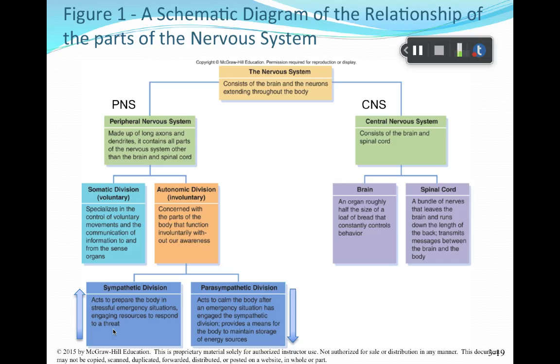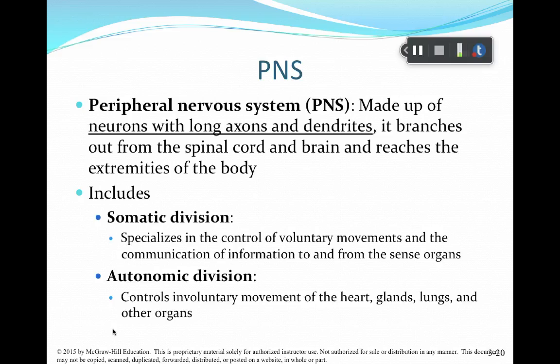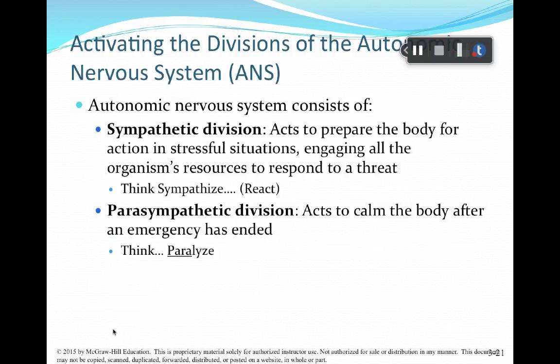You're going to flight, right? Whereas the parasympathetic nervous system is then going to come in and calm the body down. It's going to help you breathe. It's going to control your heartbeat, and so forth.